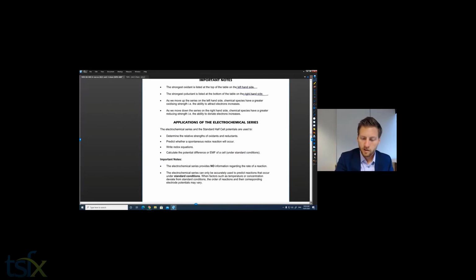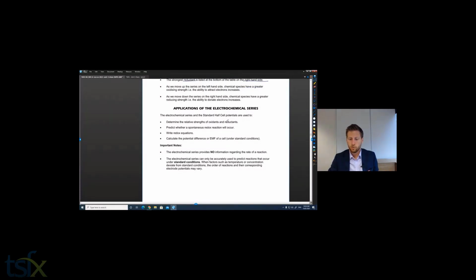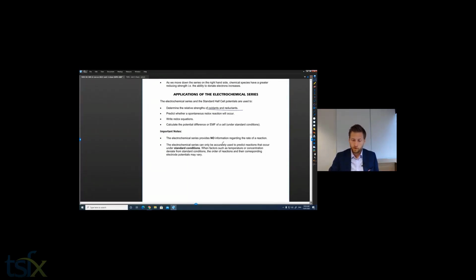An oxidant undergoes reduction, and a reductant undergoes oxidation. They help you look at the oxidant and reductant strength and write redox equations.